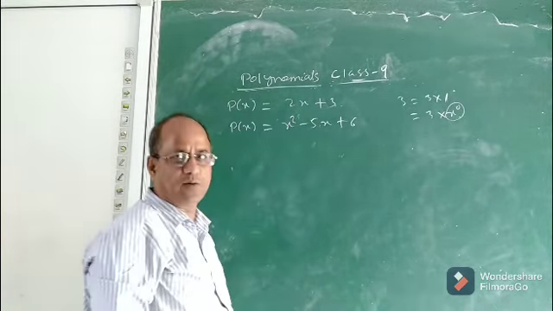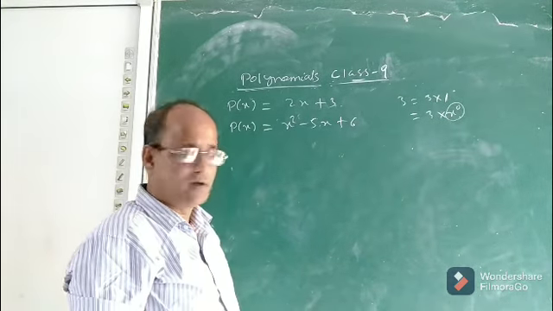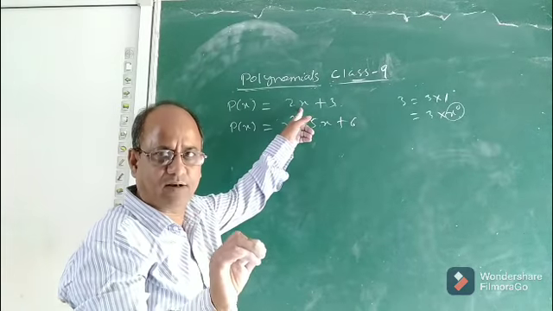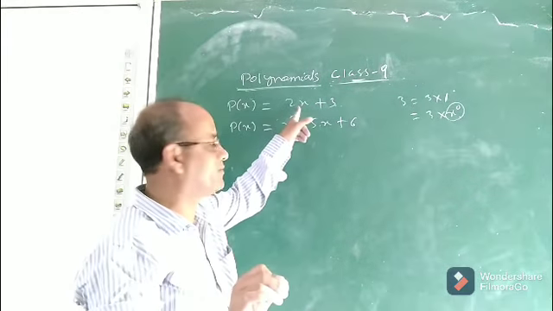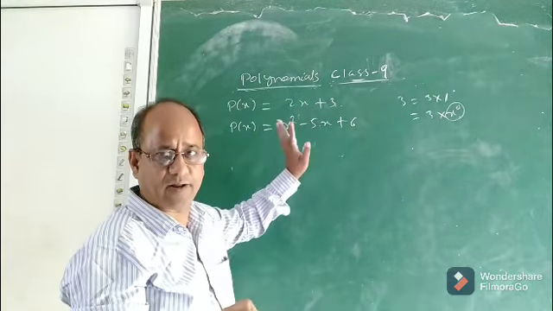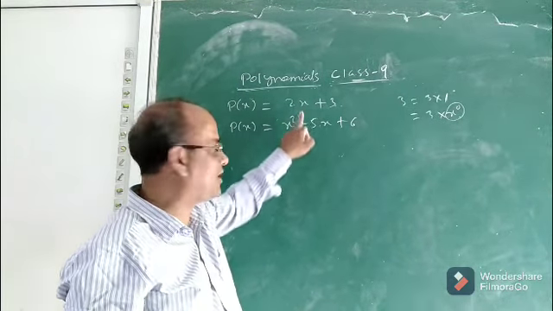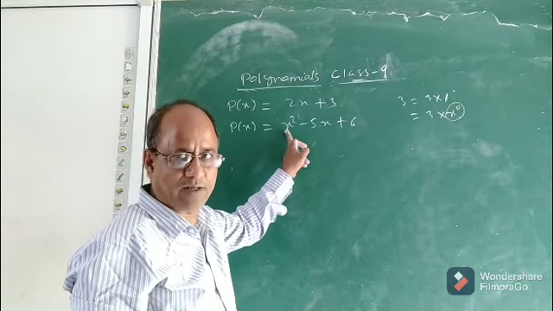So, this is a linear polynomial or first degree polynomial. Degree means the highest power of the variable present in the algebraic expression. So if the degree is 1, it is a linear polynomial. Degree 2, it is a quadratic polynomial.